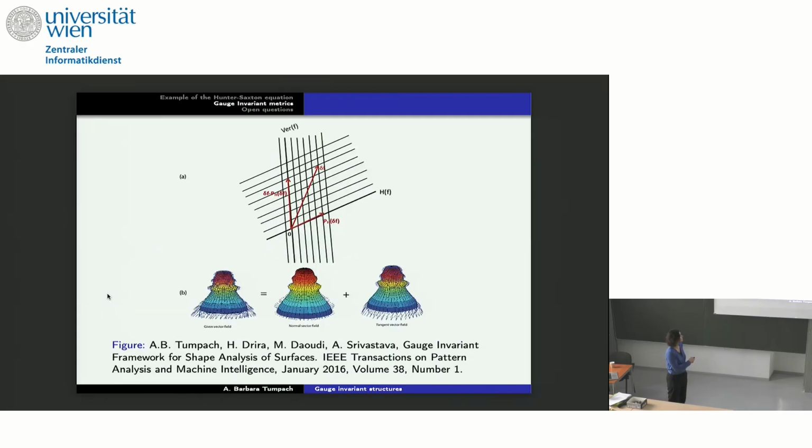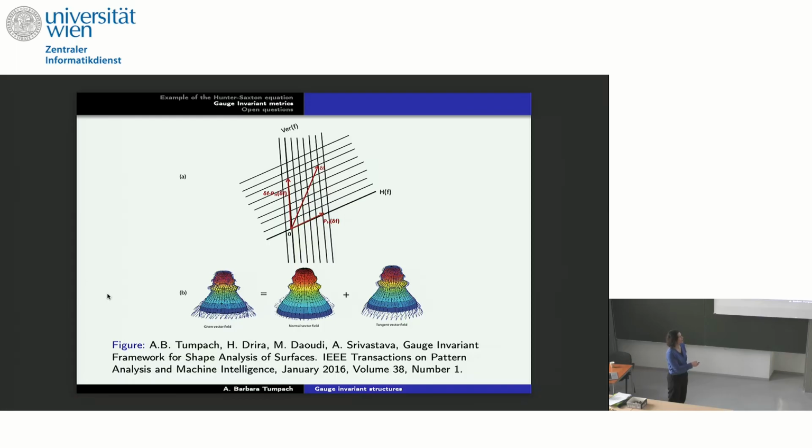For instance, for shapes, so 2D surfaces deforming in space, so embeddings of, let's say, the sphere into 3D space. When you deform a shape, this means that you will deform it in all three directions in R3. But you can decompose this deformation into two parts. One which is normal to the surface, and one which is tangential to the surface.